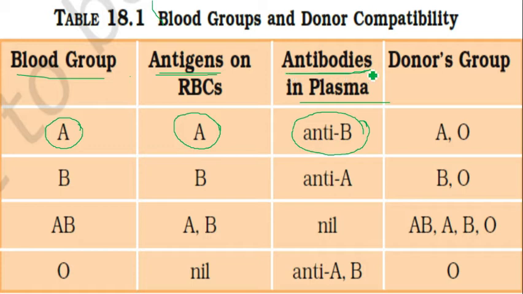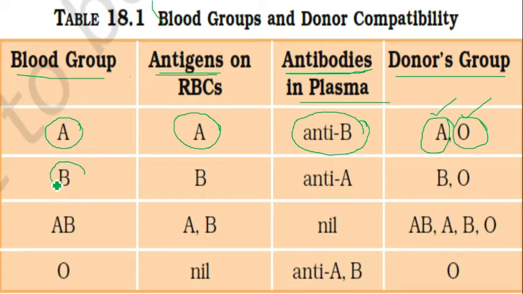That is about the antibody present in the A blood group. Because of the presence of anti-B antibody, donors for the A blood group are A and O. This column contains donors group, meaning A blood group persons can take blood from the A blood group and from the O blood group.